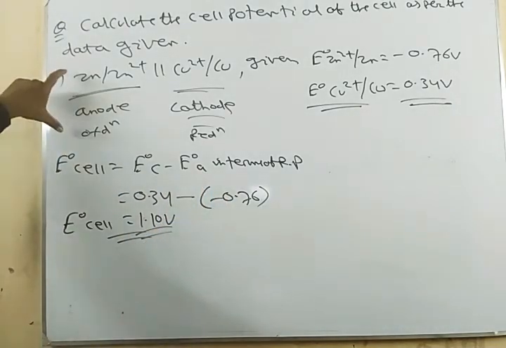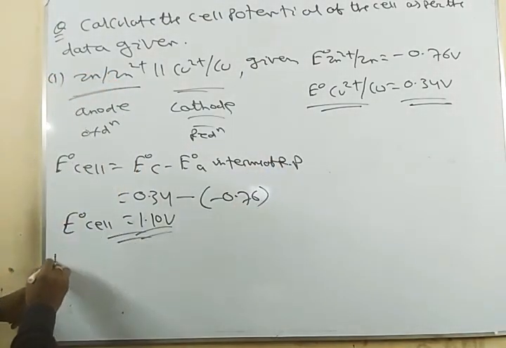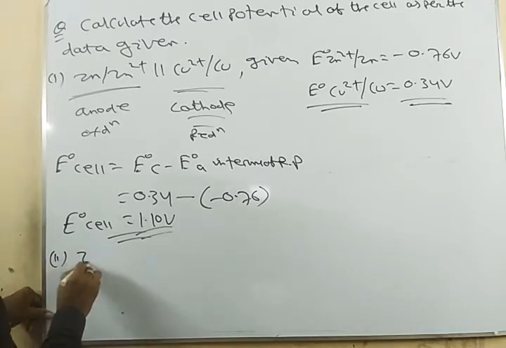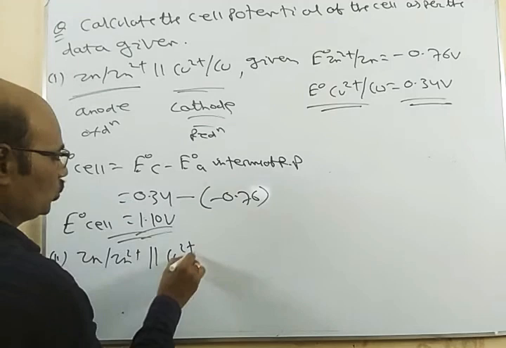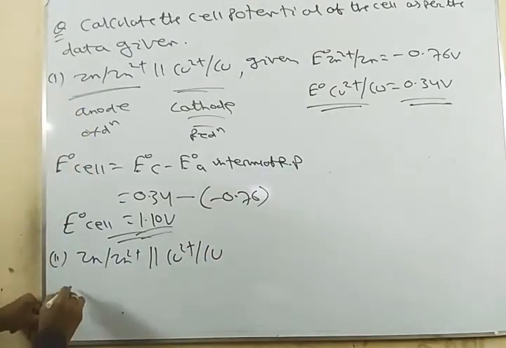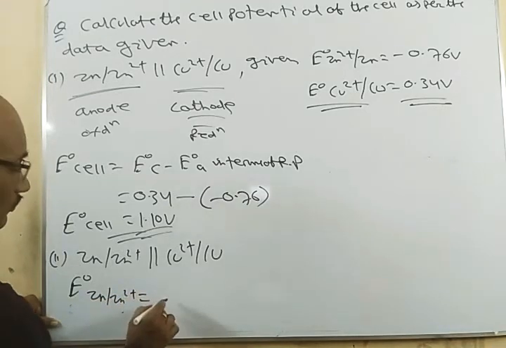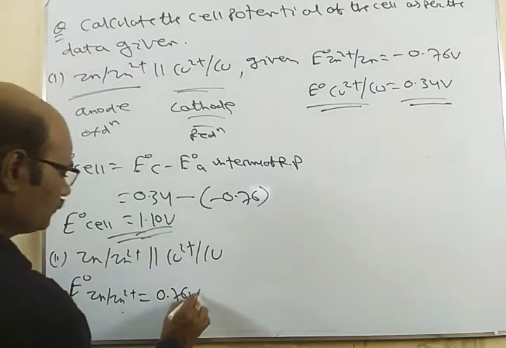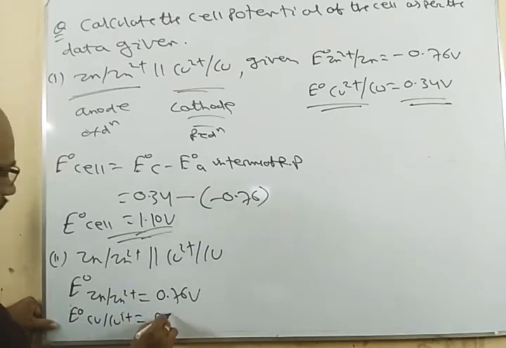Suppose for the same cell, number 2: Zn, Zn2 plus, Co2 plus, Co. Given E naught Zn2 plus is equal to 0.76 volt and E naught Co2 plus is equal to minus 0.34 volt.